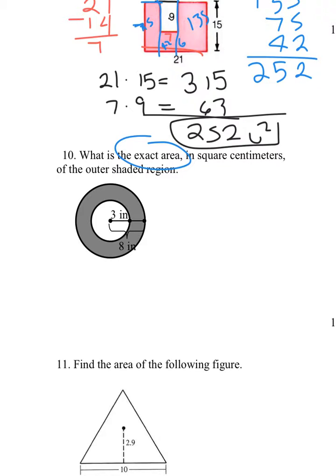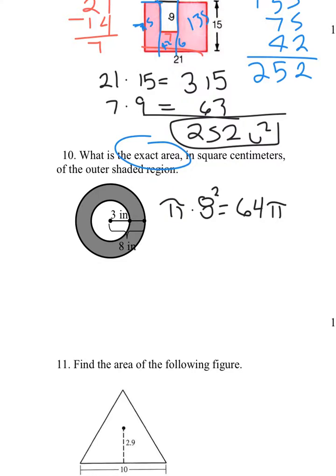You're going to take the area of the big circle, which is pi times radius squared, and the radius is 8. So that should be pi times 8 squared. Now, if you want the exact answer, you get 64 pi and leave it like that.